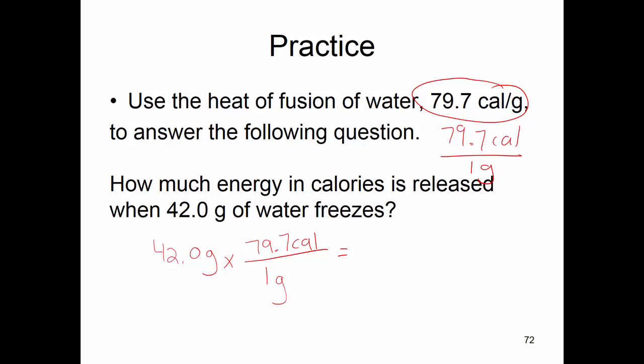So when we take that and multiply it, we get 3,347, which we round up. We need 3 sig figs, so it rounds to 3,350 calories.